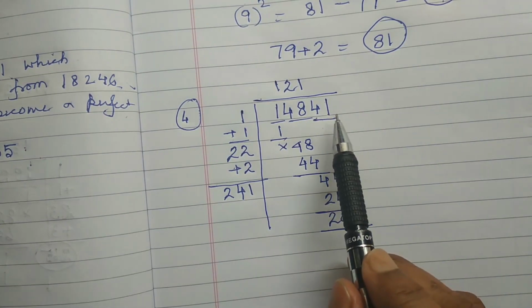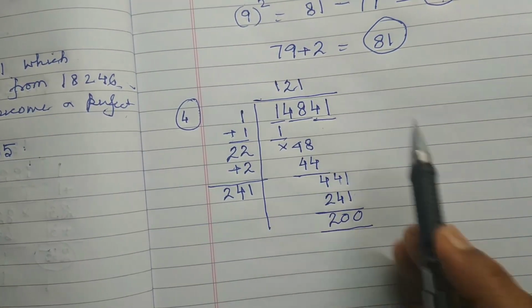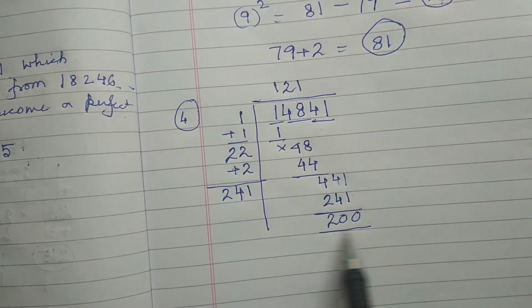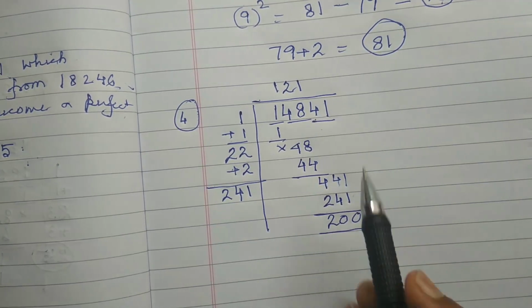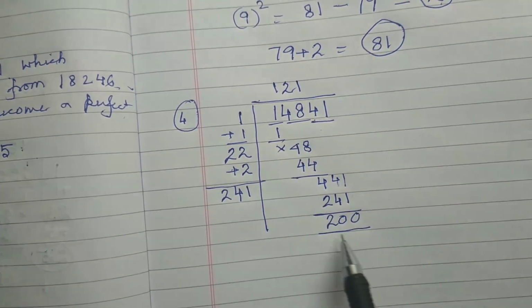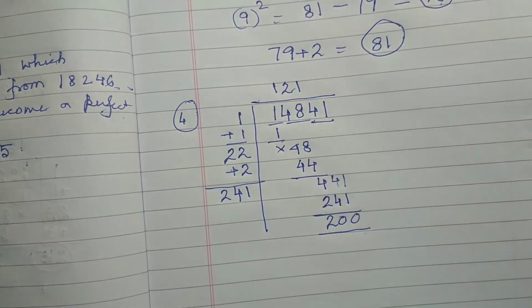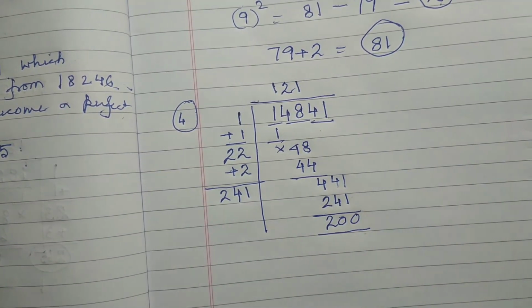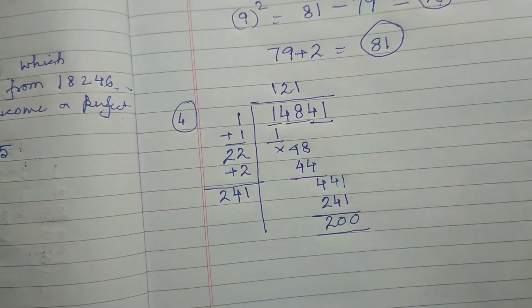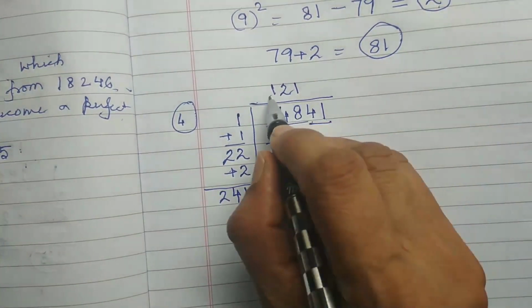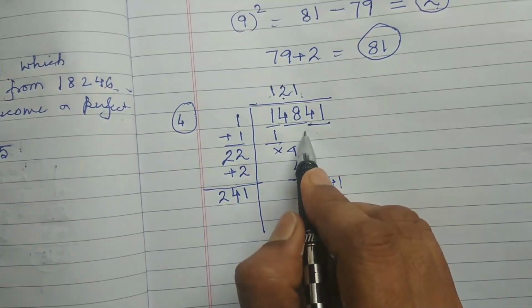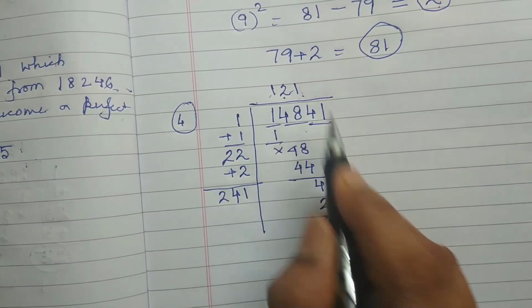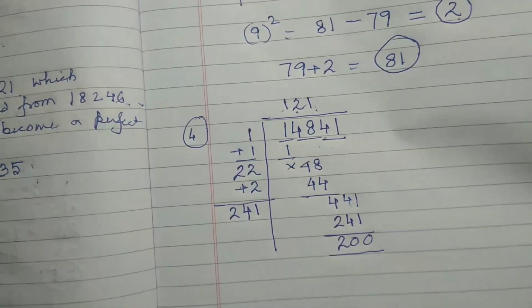They have asked me what should be added, not what should be subtracted. So obviously I know that if what should be subtracted was there, then I will subtract this from this, then that will be the perfect square. But here it is what should be added. So what I will do, I know that 121 whole square is less than this and 122 whole square is more than this.